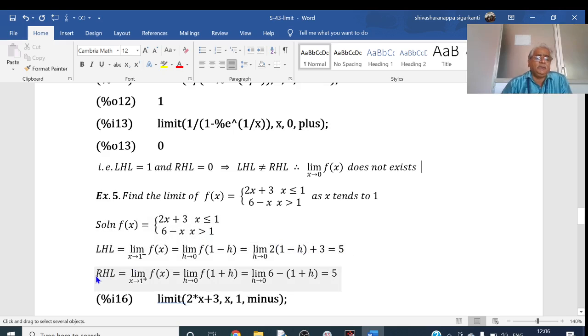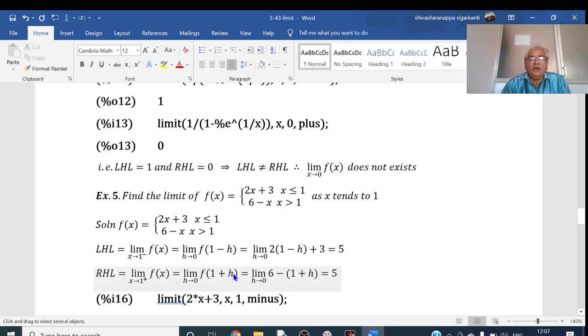What about the right hand limit? RHL equals the limit of f of x as x tends to 1 plus. Replace x by 1 plus h here: f of 1 plus h as h tends to 0. So 1 plus h is greater than 1. If it is greater than 1, the function is defined as 6 minus x.